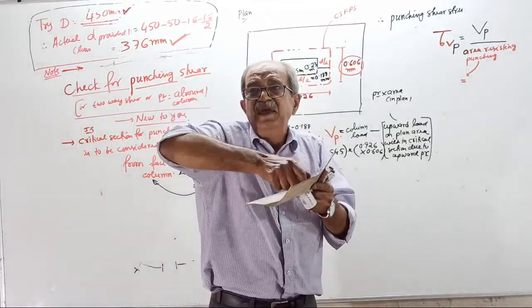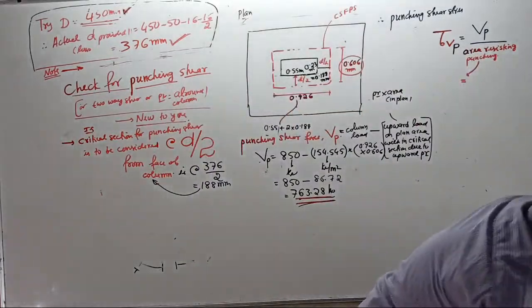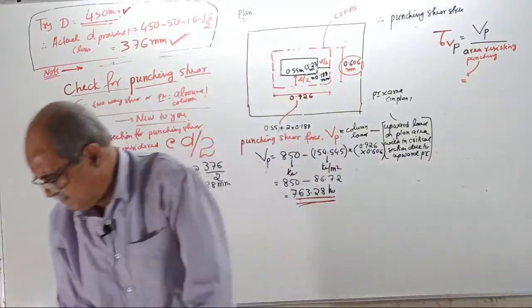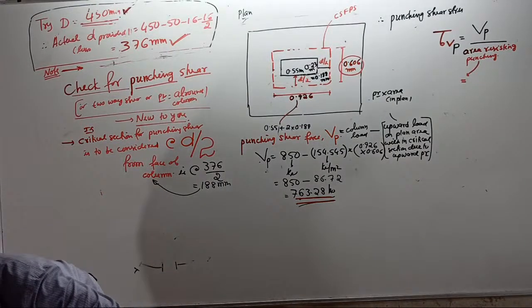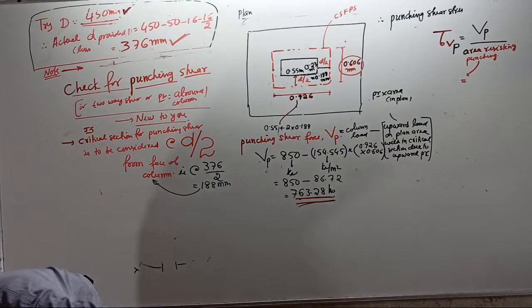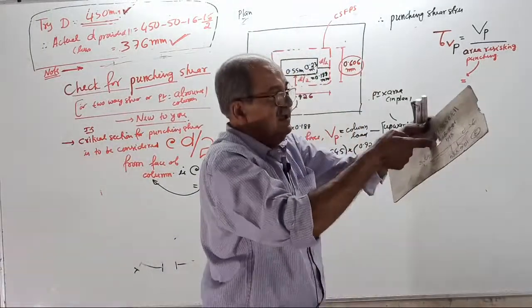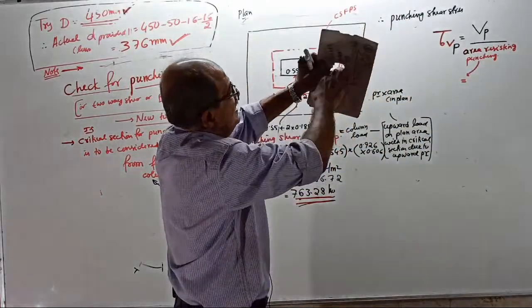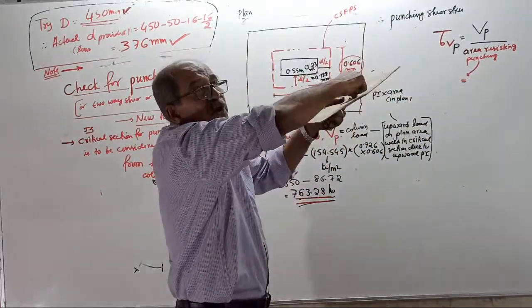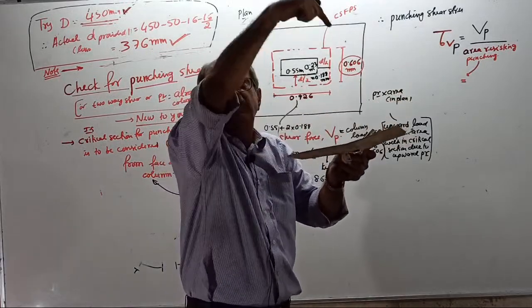Tell me, what is the area resisting punching? Fast. Anybody can tell correctly? Not the answer, the procedure. The area resisting punching is the perimeter of the critical section into the effective depth.